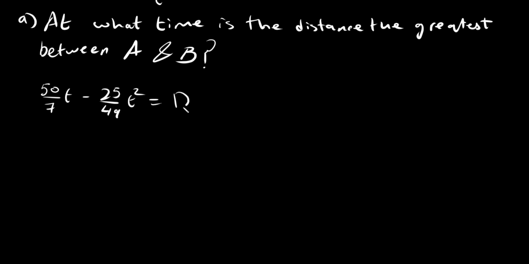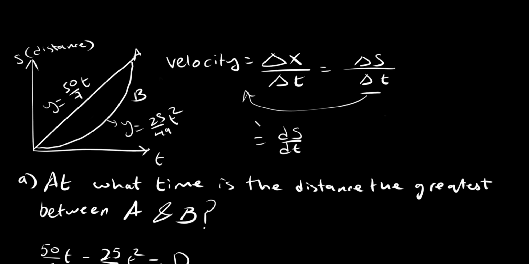So this is my distance, right? If you look at my distance right here, at 0, the distance is equal to 0. So I'm just going to write this note here.